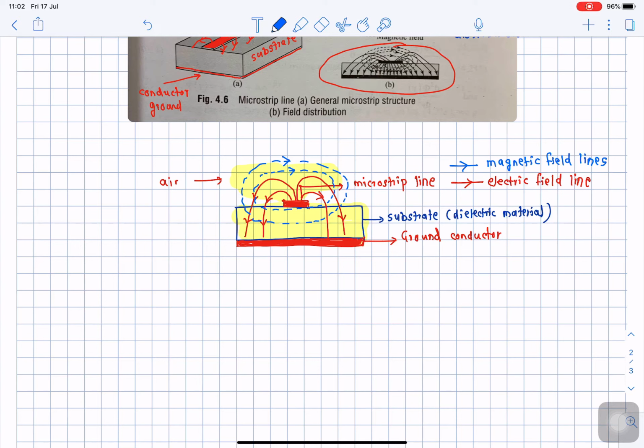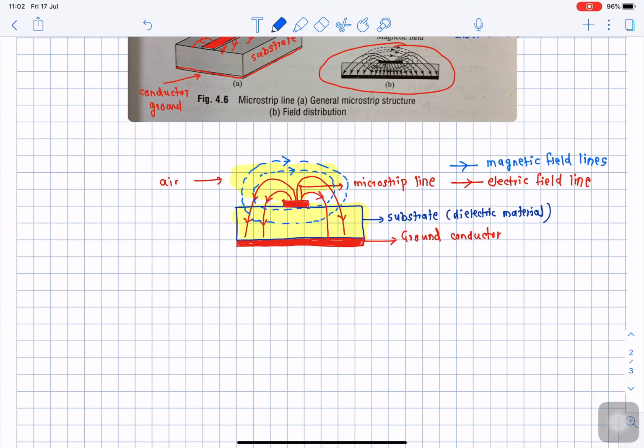So what is happening here is, whenever the transmission line carries the signal, it will radiate an electromagnetic field, and the electric lines of field, as clearly visible, will start from the transmission line and end by going through the substrate and air towards the ground plane.